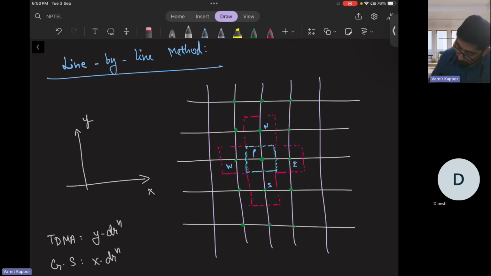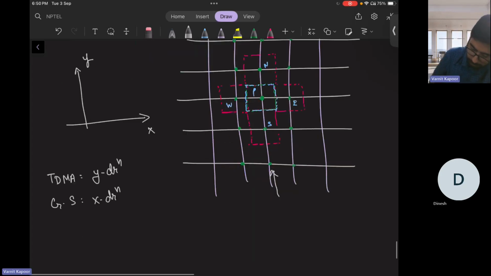In the y direction the information is propagating as well as in the x direction. But in one shot, you are solving a single column, that is the purple lines in the y direction, and you are getting the updated values when you are sweeping. There are two terms which you are going to use: traverse and sweep. So traversing in the y direction and sweeping in the x direction using the updated values.